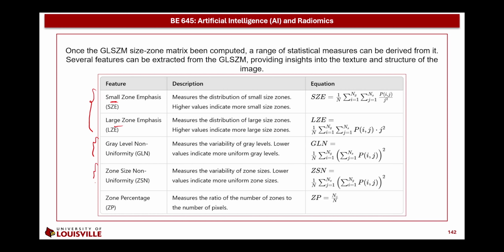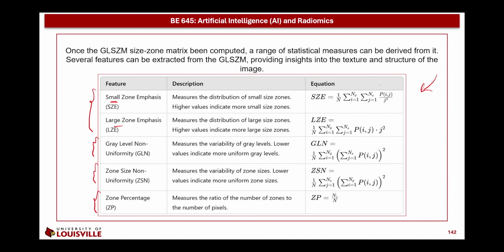Zone size non-uniformity will measure the same, but instead of the gray level, it will reflect the zone sizes. Zone percentage will measure the ratio between the number of zones to the number of pixels, and these are the corresponding formulas.